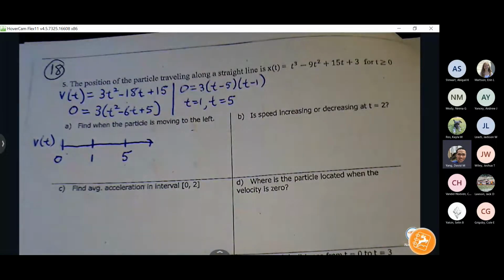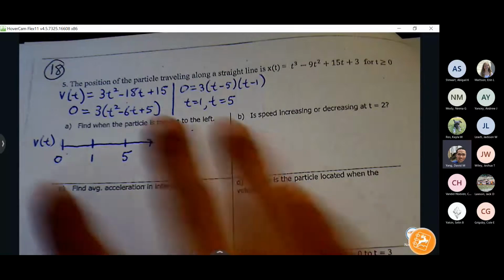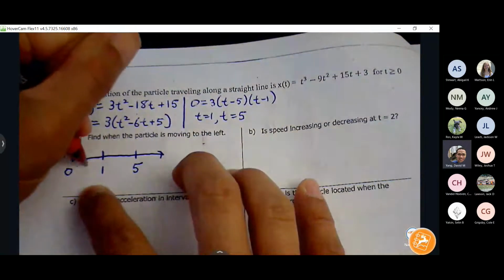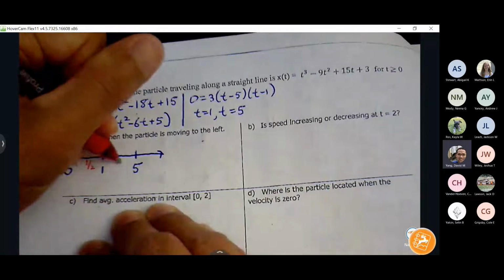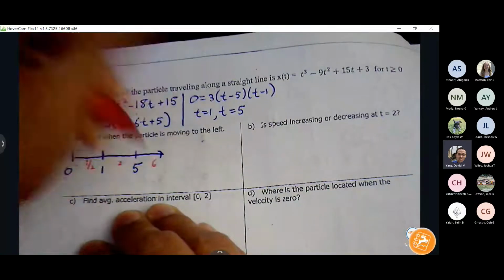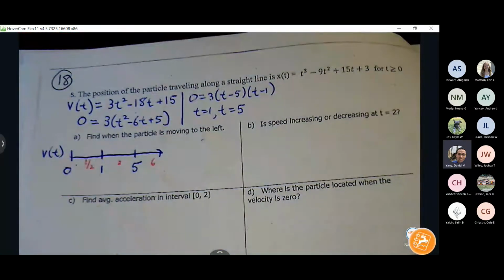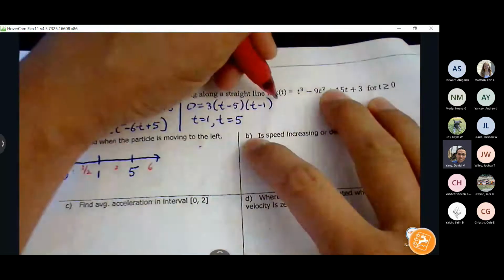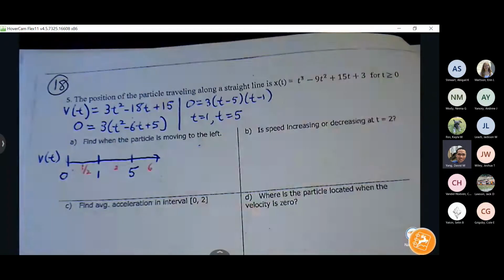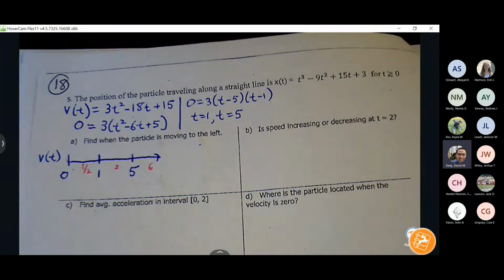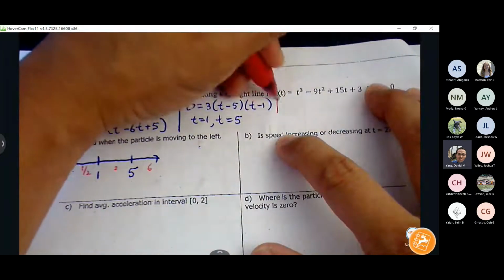Okay. So now we're going to pick points in each subinterval, pick numbers in each subinterval. So I'll choose 1/2, I'll choose 2, I'll choose 6. Insert into the velocity function. Remember, you're testing velocity sign lines, so it makes sense that we're going to be involving the velocity function. I like the factor form.